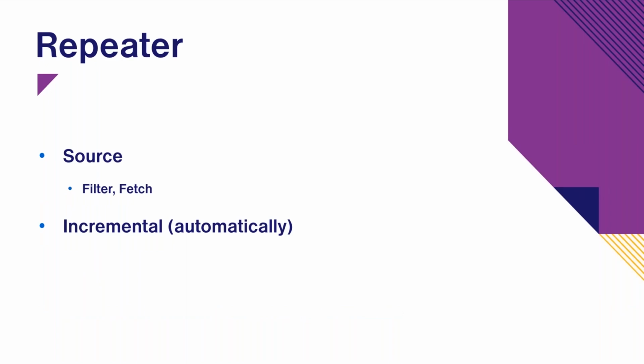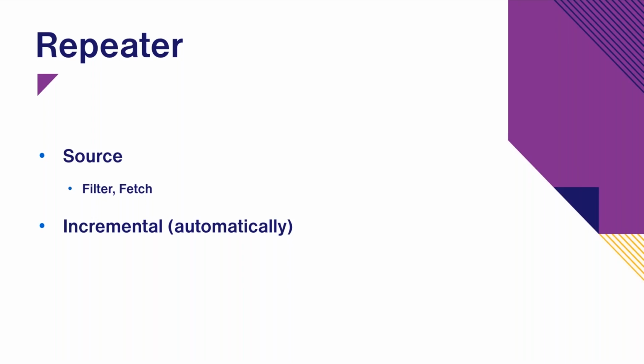Another item is called a repeater. You can define a source of the repeater, so basically an entity, and a filter or a fetch that defines what data will be downloaded or placed to the report.